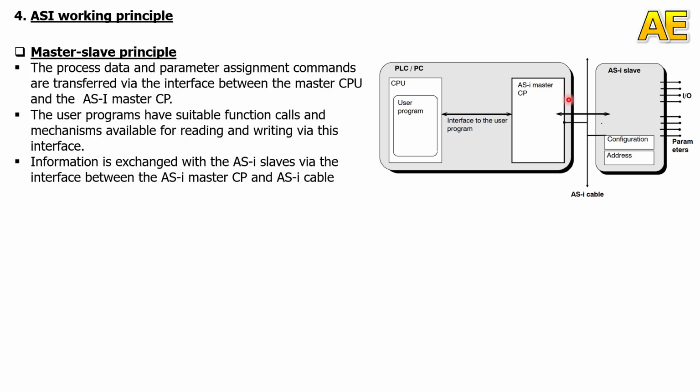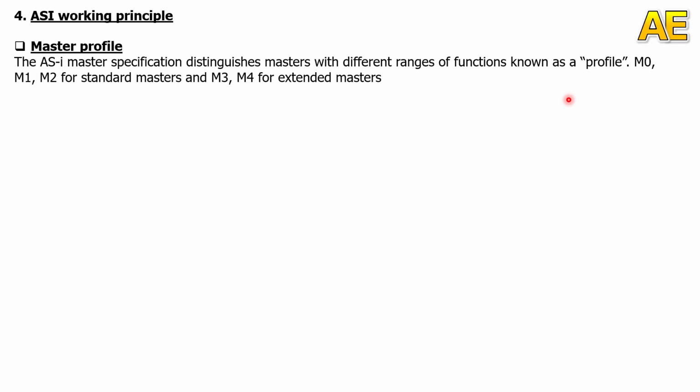Okay. So what is the function of the master? The AS-i master specification distinguishes masters with different ranges of functions, known as profiles: M0 to M2 for standard masters and M3, M4 for extended masters.